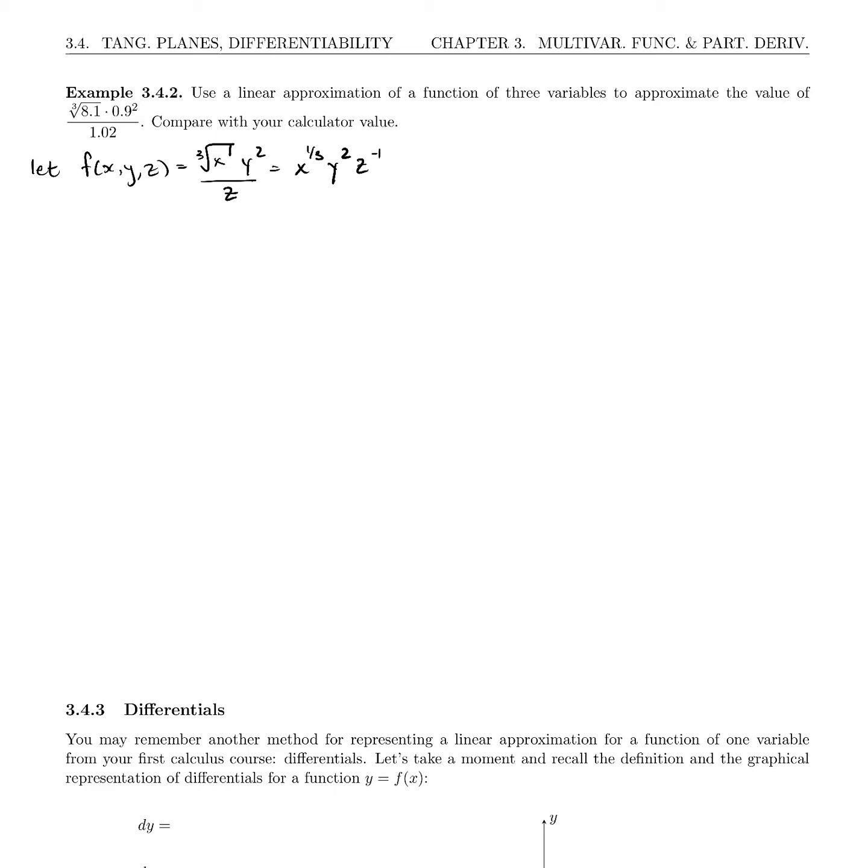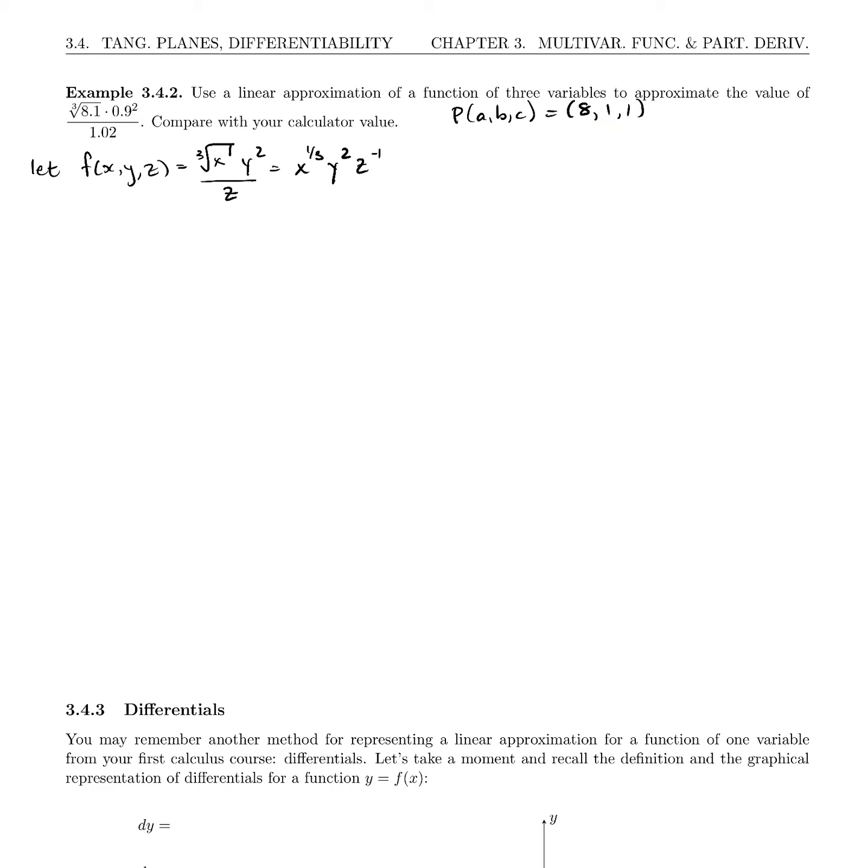And we're going to take the point P, our point of evaluation, our point a, b, c, as the point 8, 1, 1, which is close to 8.1, 0.9, and 1.02, but is nice and easy to evaluate.